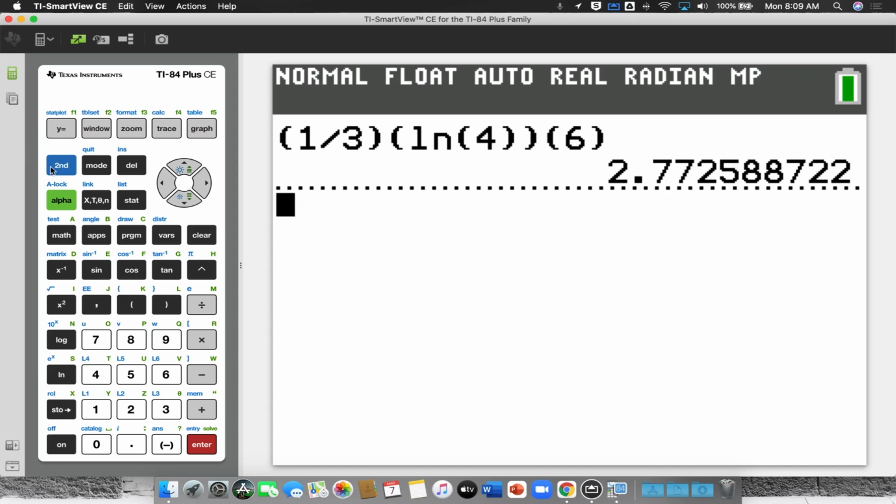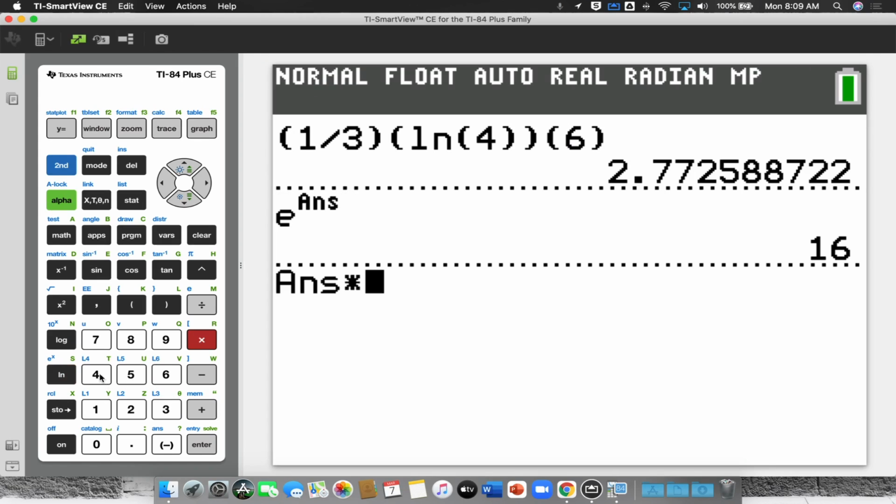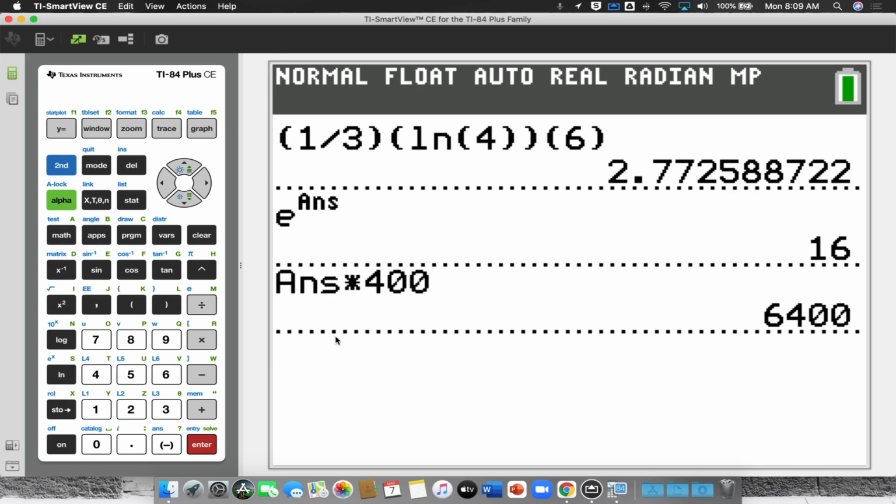And then I go e to that power. My e button's right here. And then I go times the last one, which is 400, and I get 6,400.